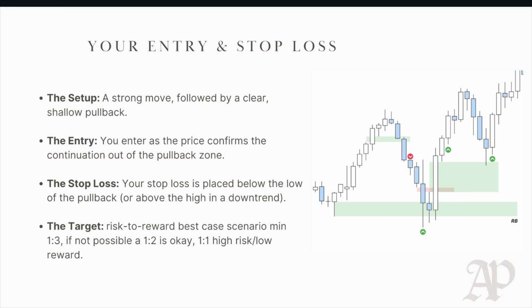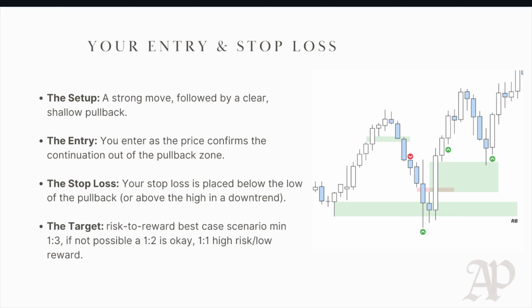That is also a really good model. You are going to be looking for a clear, strong move followed by a shallow, clean pullback. Your entry is as the price confirms the continuation out of that pullback zone, and you will place your stop loss below the low of that pullback, or above the high in a downtrend.